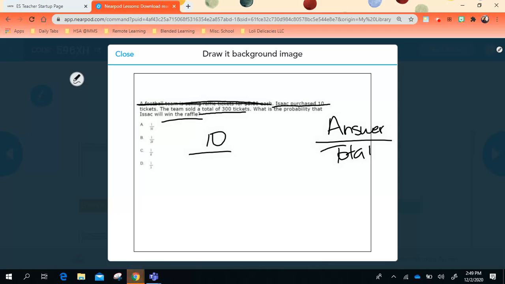How many total tickets were in that raffle? 300 tickets in that raffle. If I simplify this, what do I get? 1 over 30th. So if I'm not underlining those $5, remember, then you don't use them. You don't want to end up adding them in there by mistake.